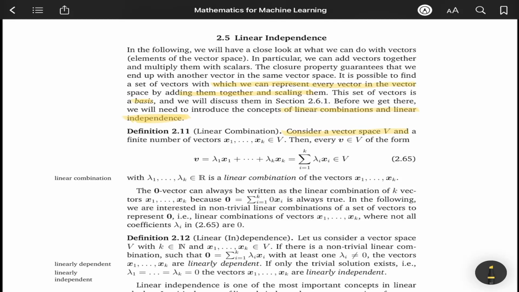Then every vector of this form, with some lambdas, is a linear combination of the vectors 1 to k. Okay, so what they're saying is they have a number of vectors and they add them together.